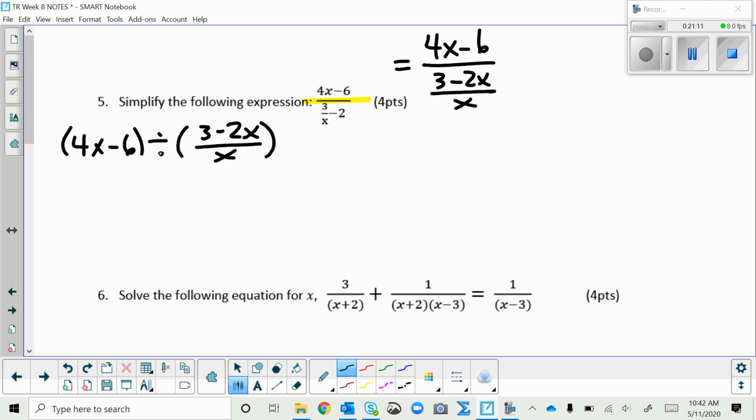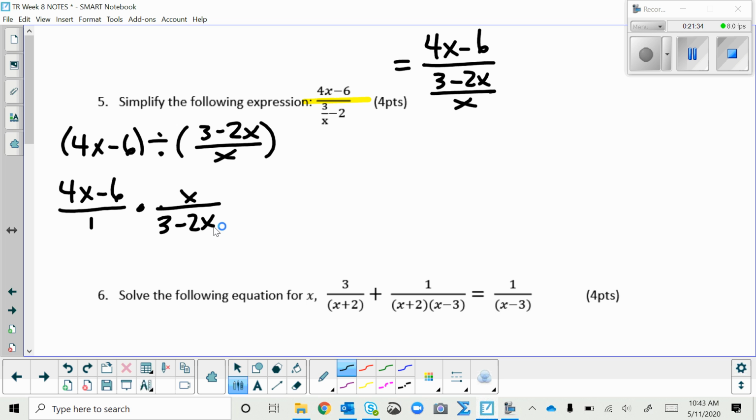So keep, change, flip looks like this. Keep the first thing the same. I'm going to put a denominator there because I know I'm going to need it in a bit. Change the division to multiply and flip the second fraction. All right, so that's good.